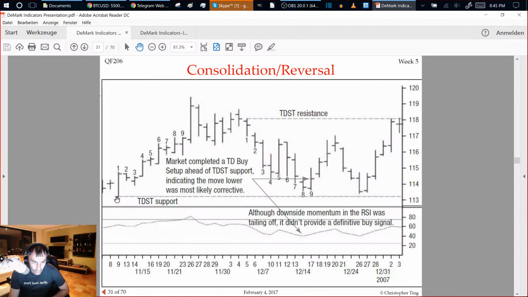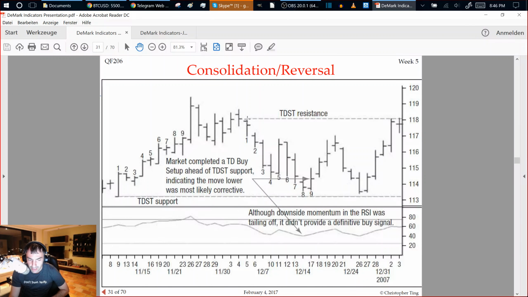You take the lowest point in what made the 9 to the upside, and that's your support. If you make a 9 to the downside that stays above support, it's more likely to be a full-blown reversal than an extension to a 13, if it doesn't finish below. Correct. And the opposite on the upside, right?